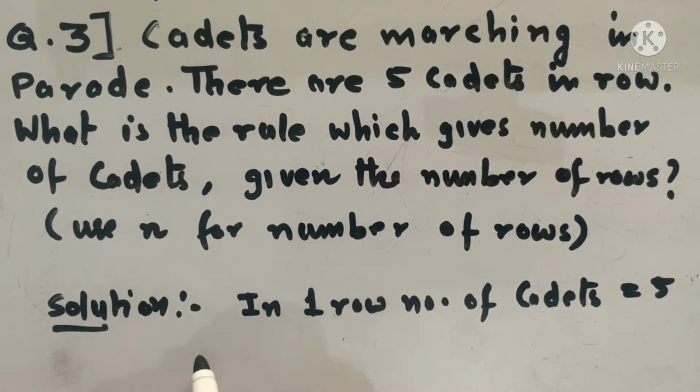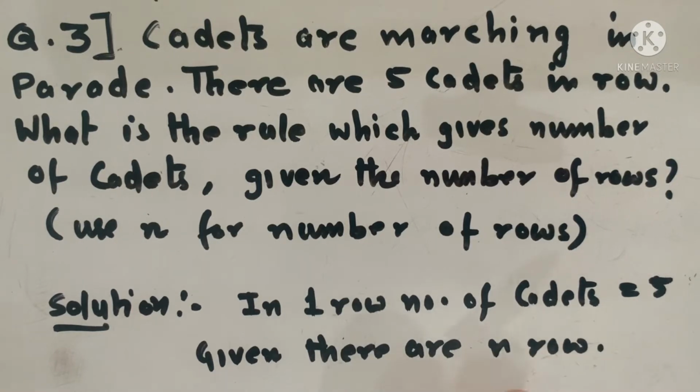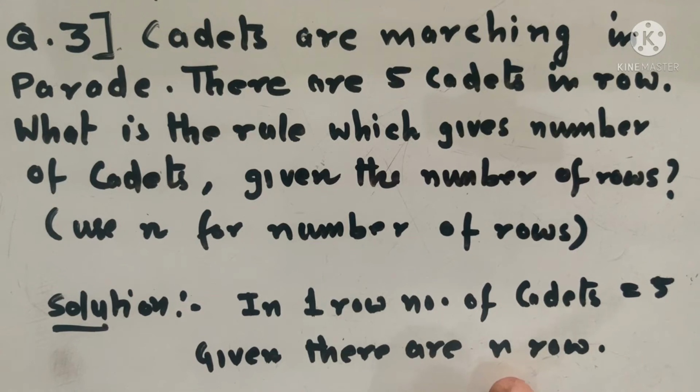Now, given there are n rows, we have to calculate the number of cadets in n rows. It is given one row contains 5 cadets, so we will further calculate.